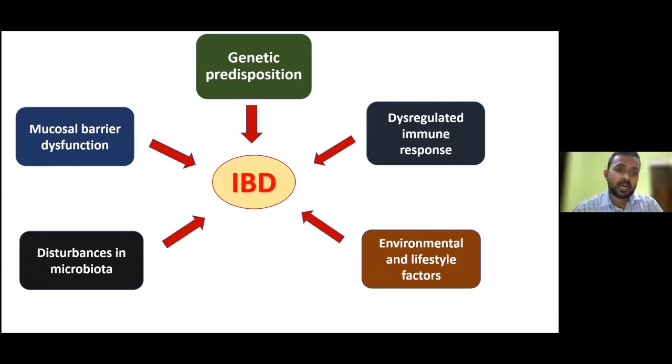That is, their epithelium is more leaky than the normal healthy individuals, and there is a disturbance in microbiota, and there are some environmental and lifestyle factors such as diet and also smoking. So at the moment, most of our treatment is focused on this dysregulated immune response, and therefore most of our drugs are either immunosuppressants or immunomodulators.